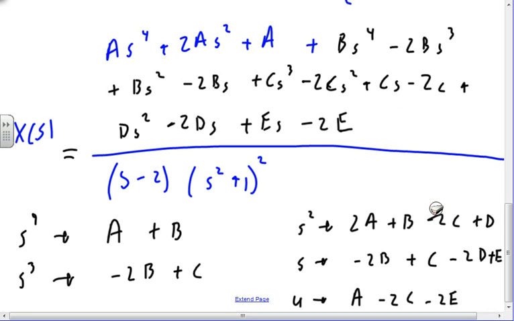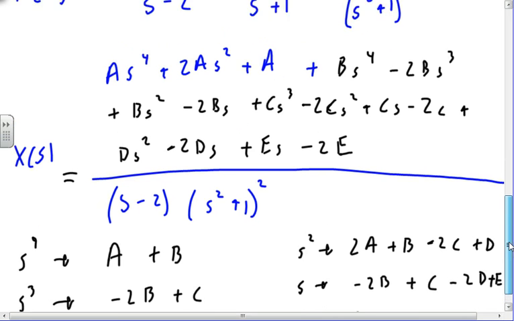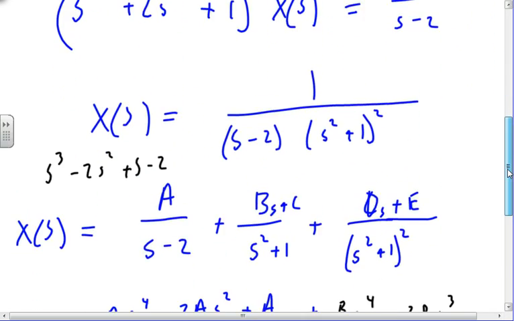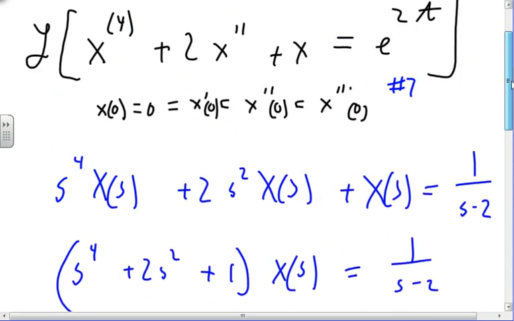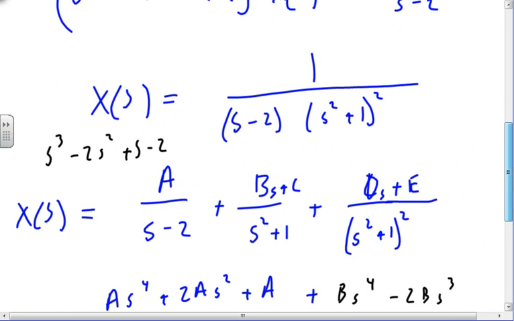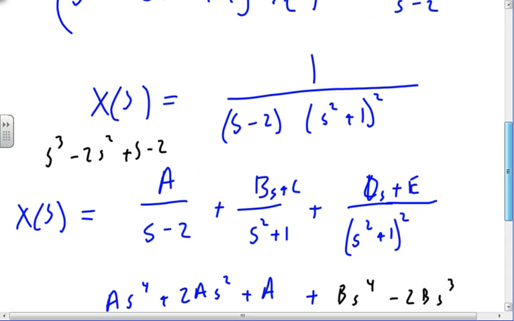Okay, are we confident with that? Maybe. Okay, now the s to the fourth term has to be, where is it? Everything's 0 except the unit term.